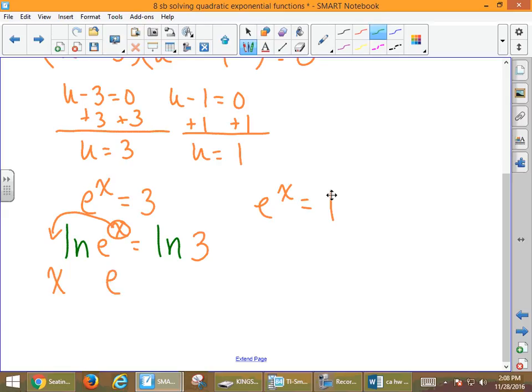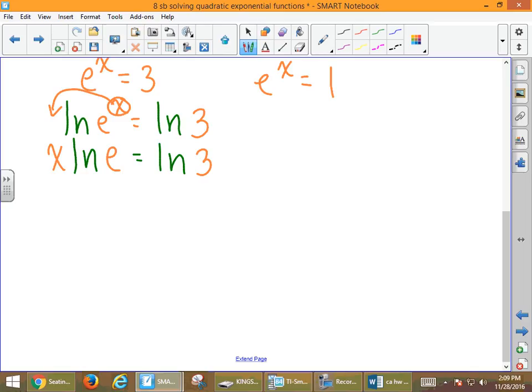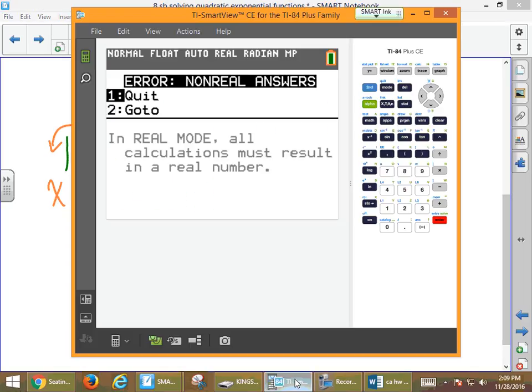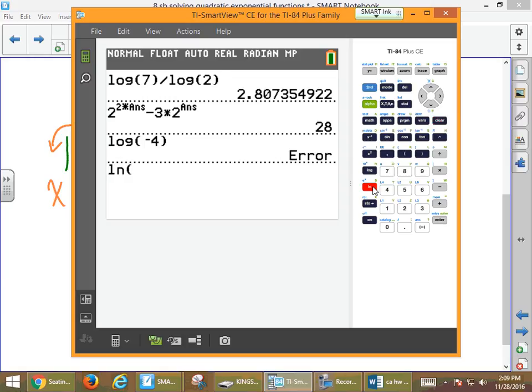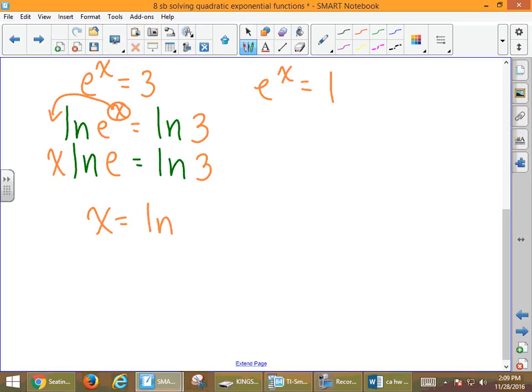So we have x natural log of e equals natural log of 3. But let's recall that the natural log of e is 1. That's the nice part there. So this is really x equals the natural log of 3.